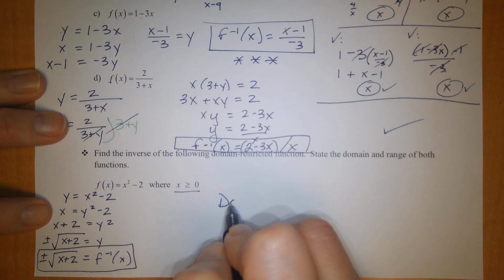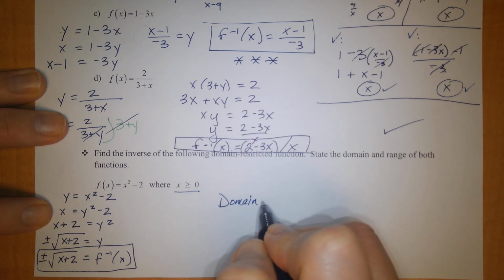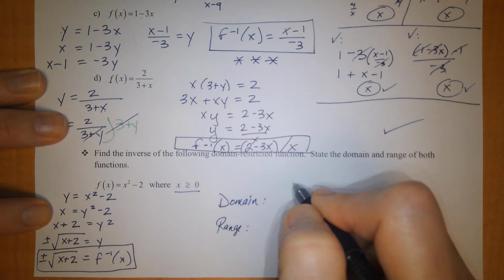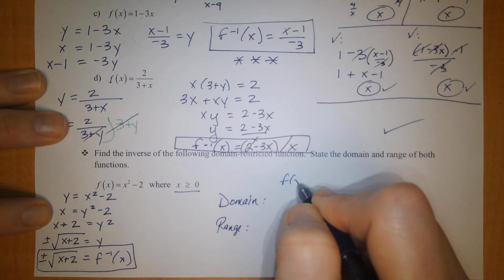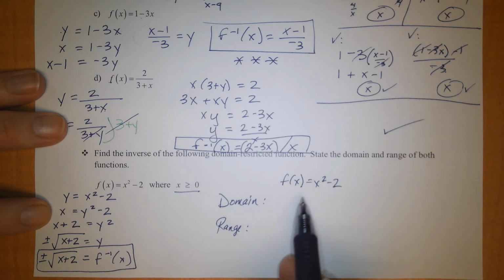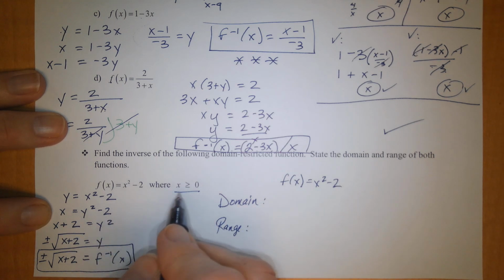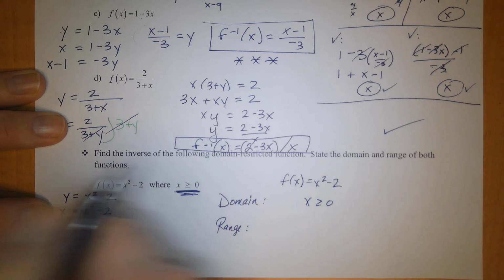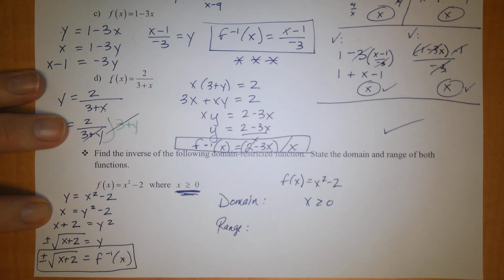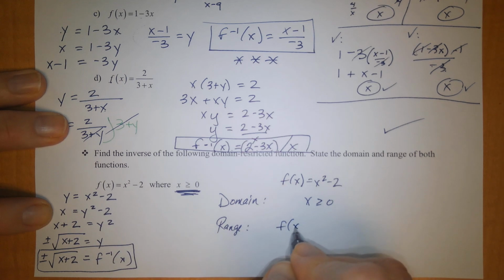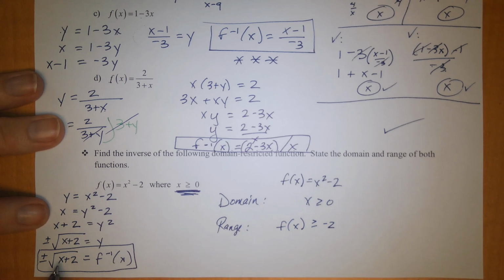So if we look at the domain and the range of the original function, the domain says that x is greater than or equal to 0. That was given to me. The range is the f of x, which is only going to be greater than or equal to -2.